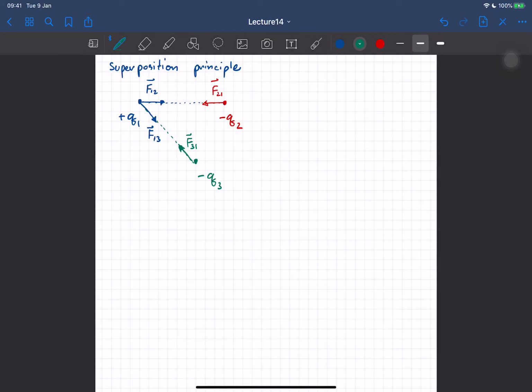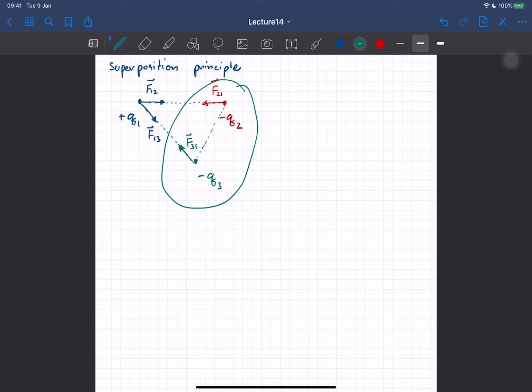And then don't forget that you also have another pair, which is Q2 and Q3. So if you draw the line joining them, now Q2 is a negative charge, Q3 is also a negative charge, so they have the same polarity, so they have to repel. Q2 and Q3 repel each other.